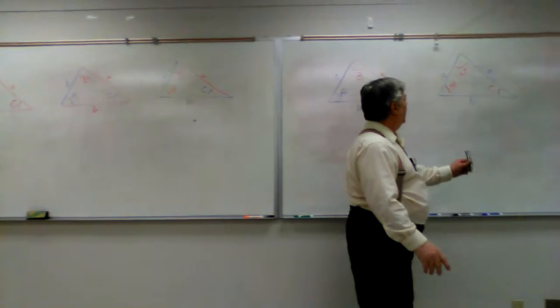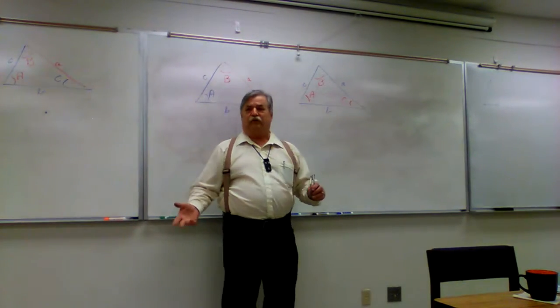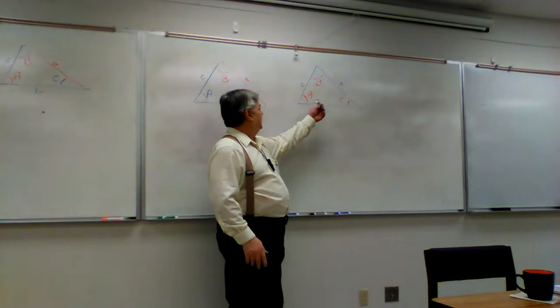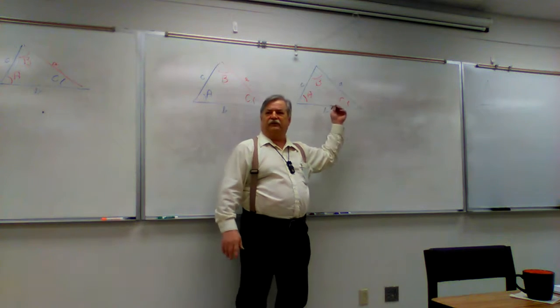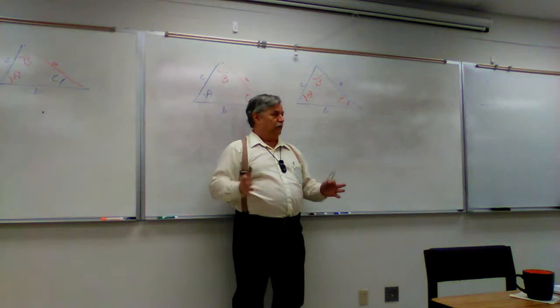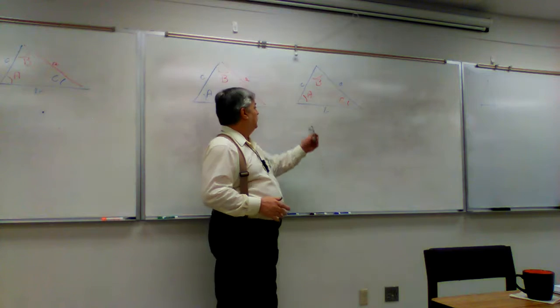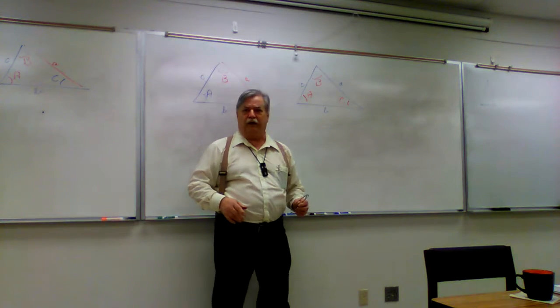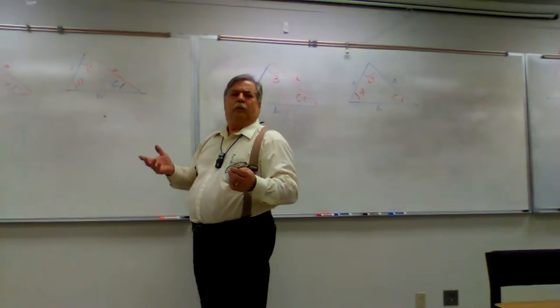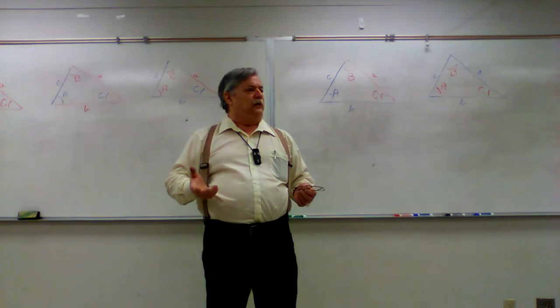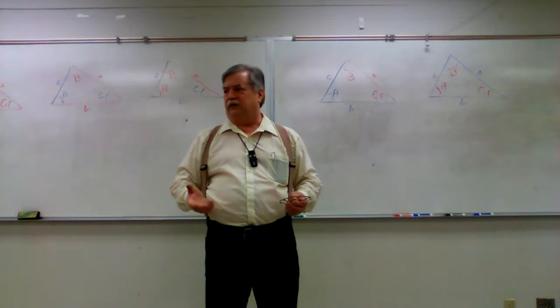There is one thing I would point out, just because it's interesting to think about. In this case here, we know all three sides, which defines one triangle, and only one triangle. And then we have to figure out the three angles. What if you knew all three angles, but you didn't know any sides?